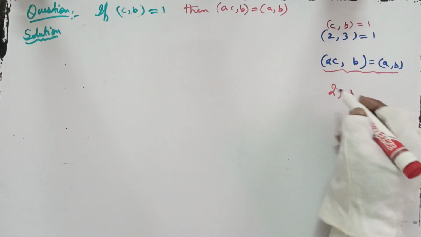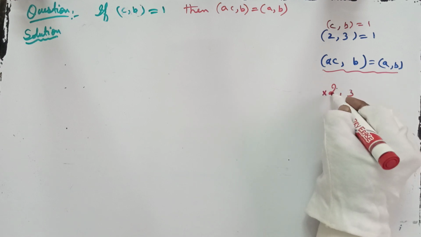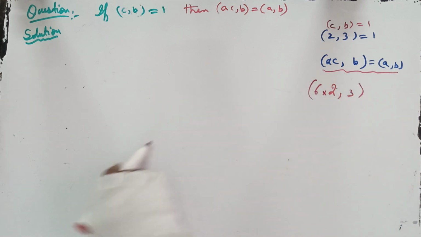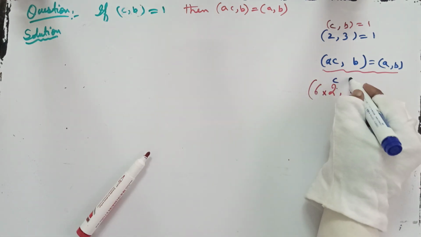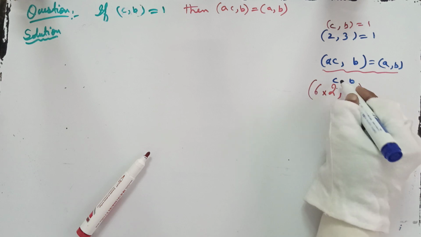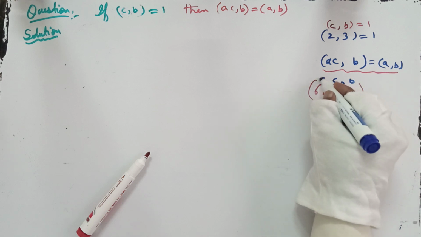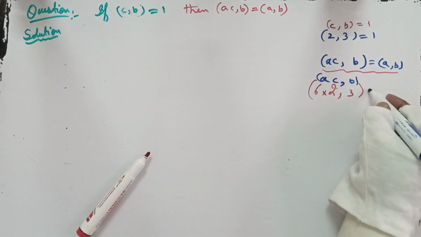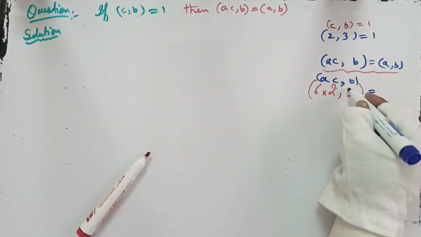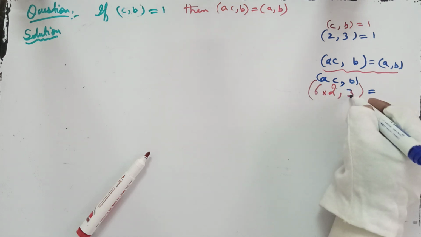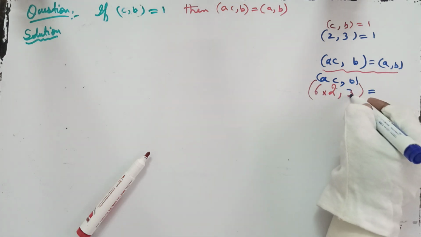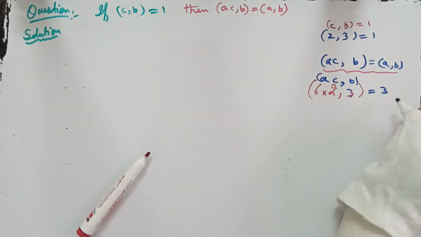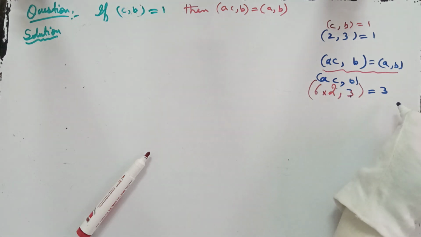When I multiply this 2 with any number, for example 6, this is C, this is B, and I multiply it with A. What is their GCD? The GCD of 12 and 3. What is the greatest common divisor of 12 and 3? Very common rule: if this number divides this, then the smallest number will be the GCD. So 3 is the GCD of 12 and 3.